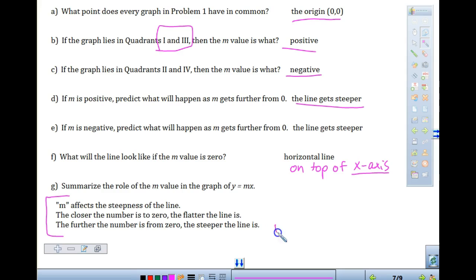Meaning that if I have y equals 2x, and I compare that with y equals 7x, this line will be steeper, right? This equation, this line will be steeper than the y equals 2x.